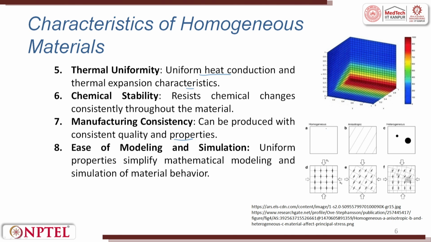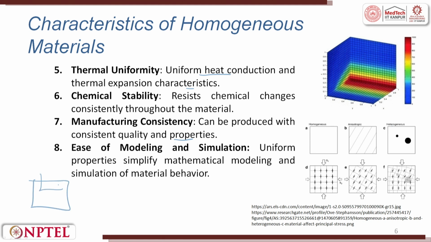So, you can see here this is a homogeneous material, this is an isotropic material, this is a heterogeneous material. Anisotropic material means along one plane you will have one set of properties, and different properties when you move in the z direction.